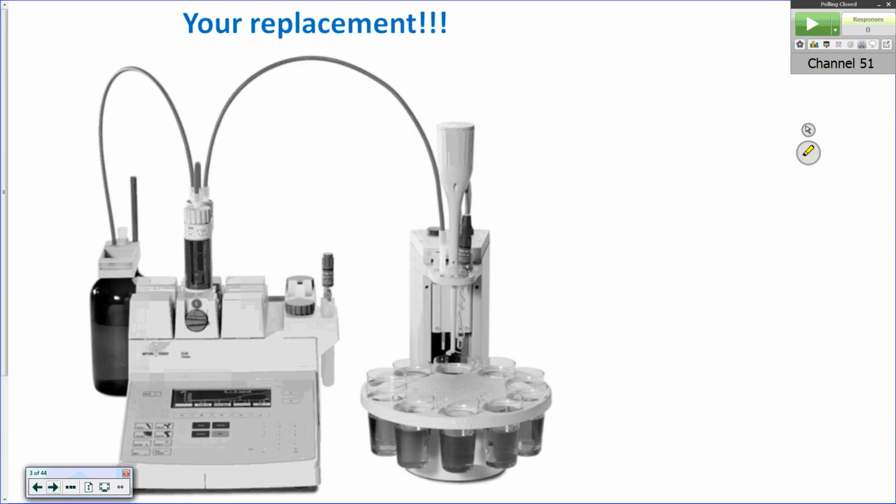And I talked a little bit about your replacement in the video. Auto titrators are here today and they're here to stay. Just some number values: if you hire an analyst in the lab to do titration type analysis, that person is going to cost on average between $75,000 and $100,000 a year.